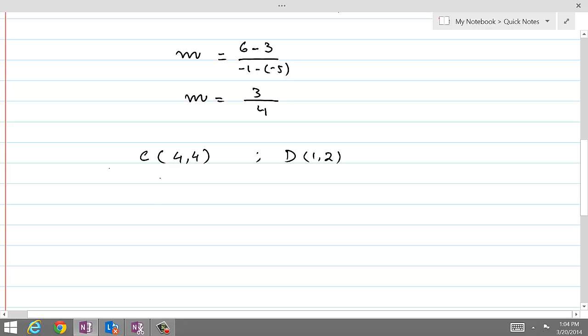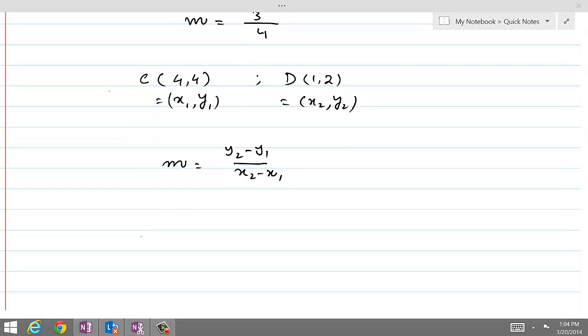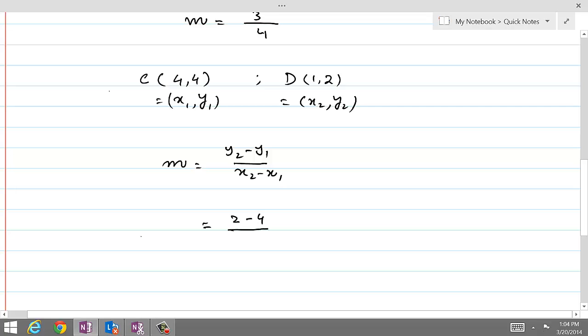If these are the points, then let's call the first x1, y1, and the second x2, y2, and the slope is equal to y2 minus y1 over x2 minus x1. We can write down the value as 2 minus 4 divided by 1 minus 4.